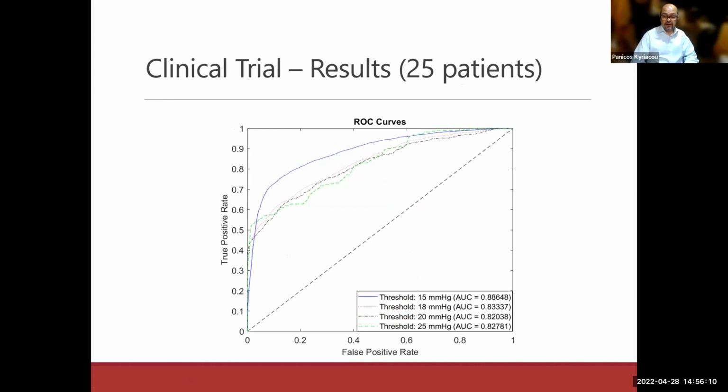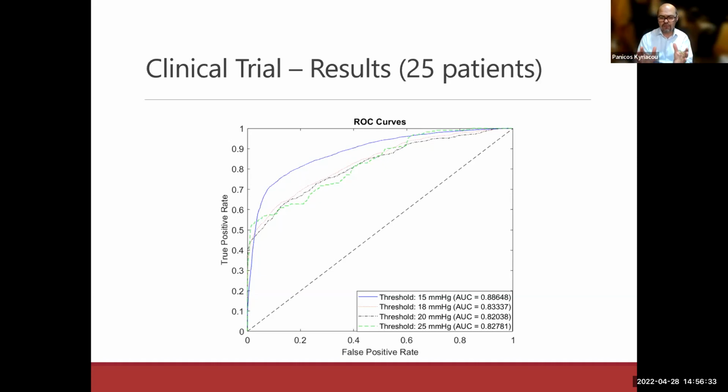And again, some of the thresholds at 15, 18, 20, and 25 millimeters of mercury with some very, very good results. So really that created a lot of enthusiasm and a lot of excitement into the project to move into obviously the further stage to see what else we can do in order to bring this to market.